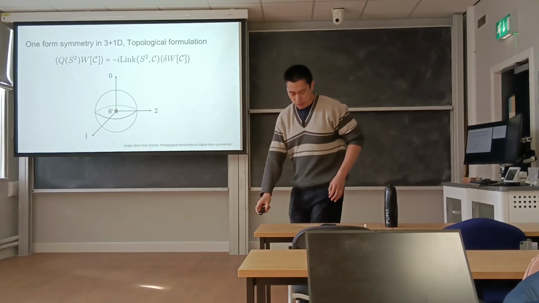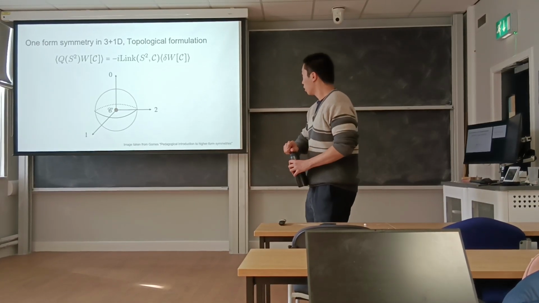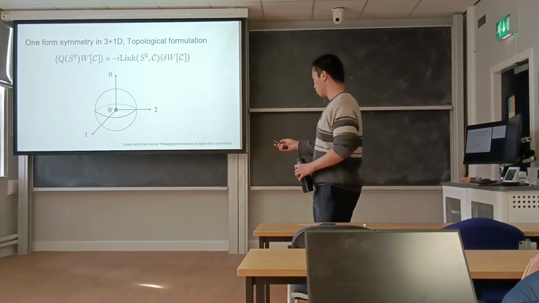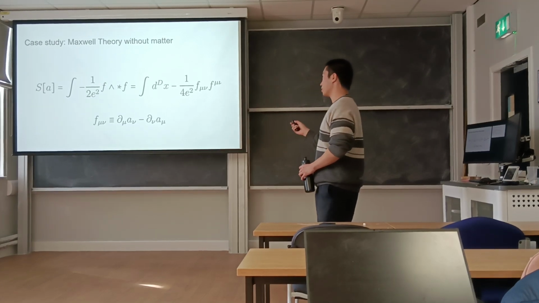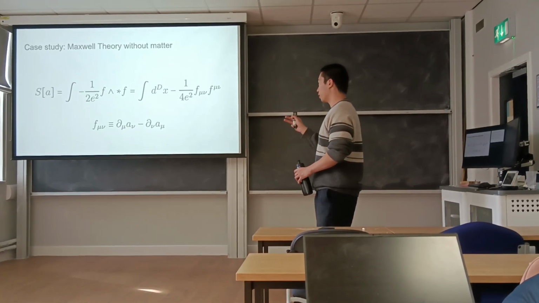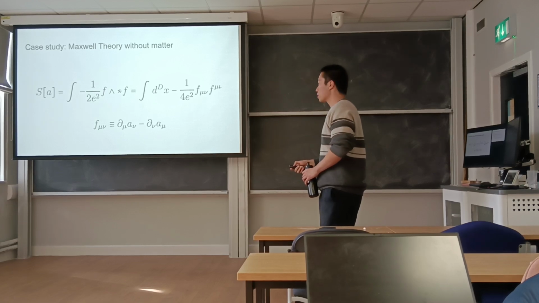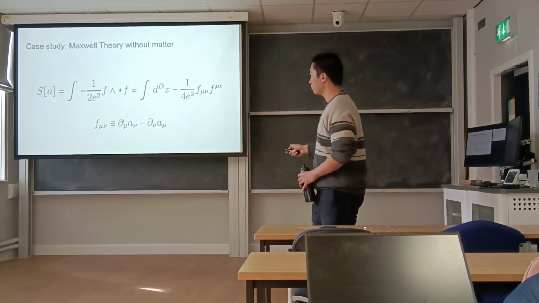Now to illustrate why this is important, let us look at something which is 3 + 1 dimensional, which is Maxwell theory. There are some slight nuances because it's a gauge theory, but generally speaking, it illustrates how we use these concepts. So first we have some action.